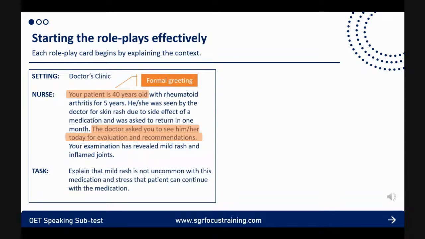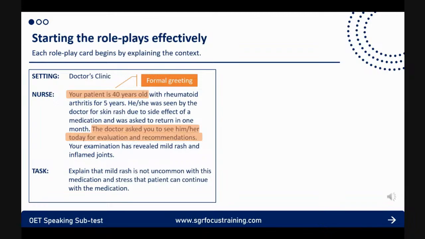The reason why they're coming to see you is because the doctor asked you to meet with them in order to evaluate their current situation and for you to make recommendations. So you need to understand what the problem of the patient is right now, not their medical condition, which they've had for the last 5 years, but their current issue.